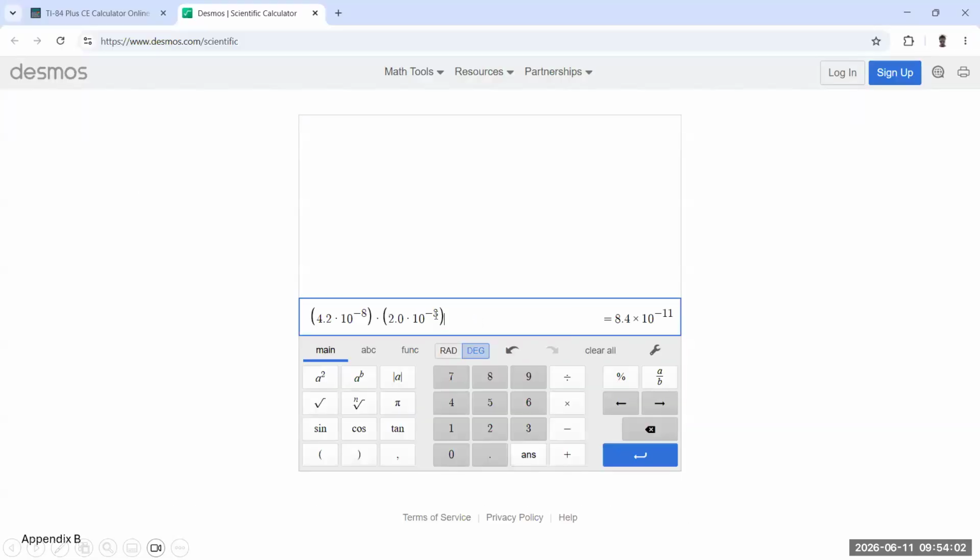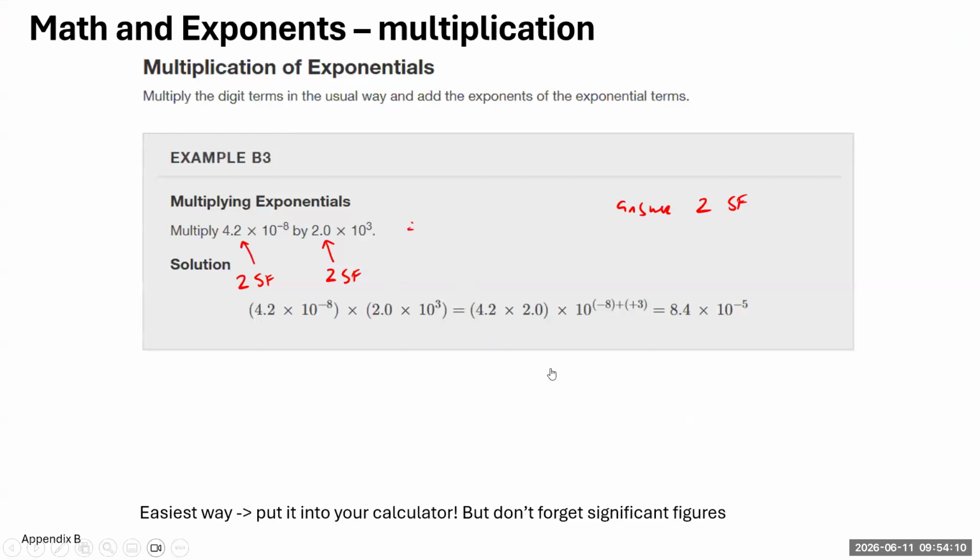Oh, it's just third, let me delete that negative. So it's 4.2 times 10 to the negative 8 times 2.0 times 10 to the third.